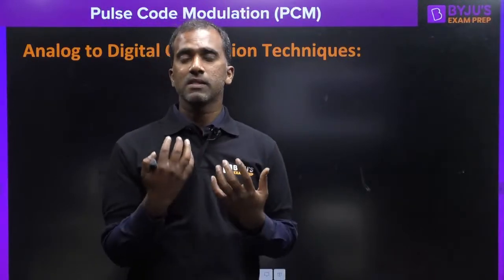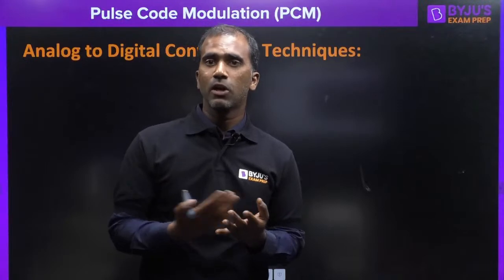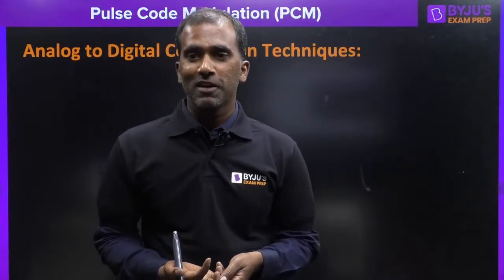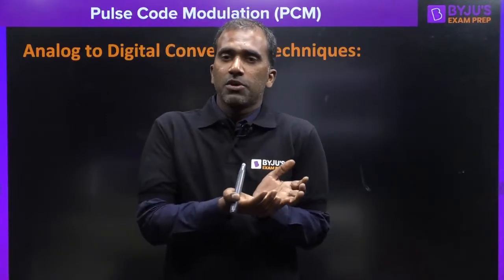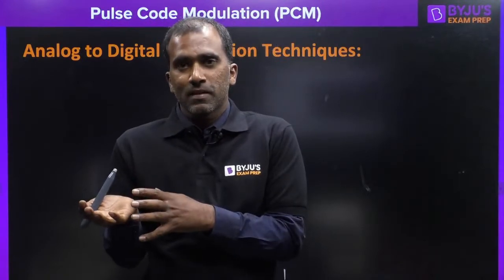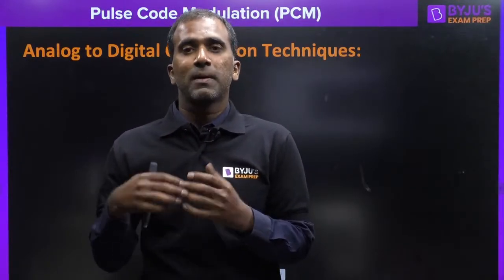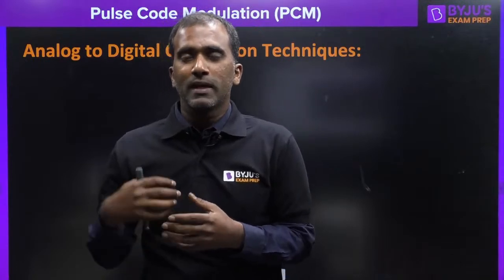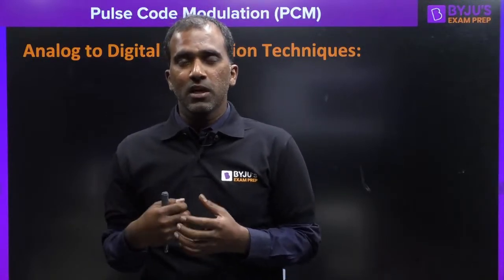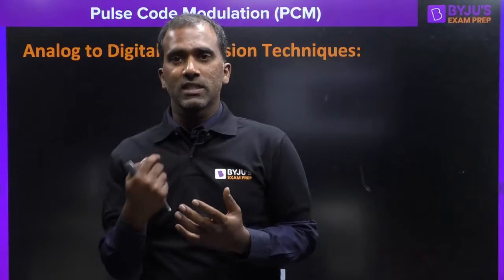But the basic signals like voice, audio, video are analog signals. So if we can convert these analog signals to digital signals, then we can take the help of digital communication and get all its advantages, right? So the second reason for analog to digital conversion is better communication. To get all the advantages of digital communication, we convert analog signal to digital signal.